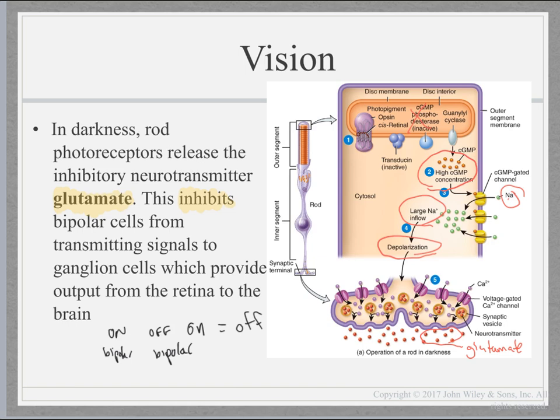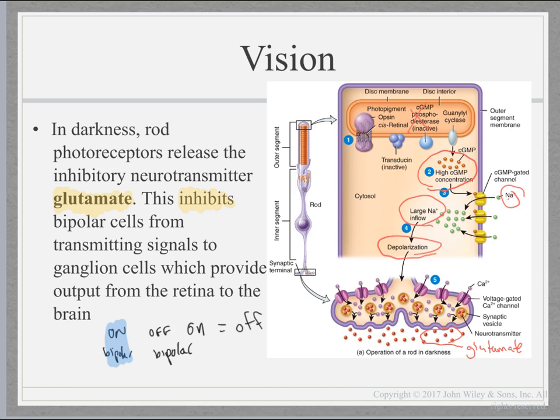So what does this mean from a process standpoint? By putting glutamate in the synaptic cleft, we are essentially inhibiting the on bipolar cells. How are we doing that?